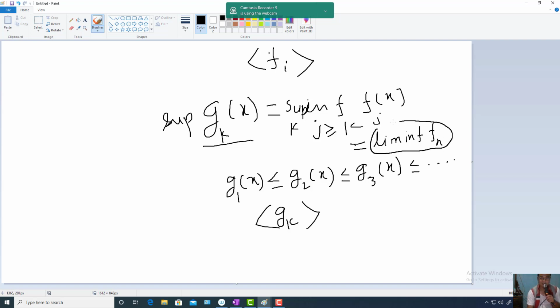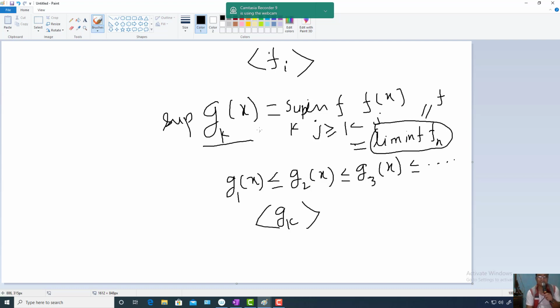This function we put equal to f. So the supremum of gk(x) is equal to the supremum over k of the infimum over j running from k to infinity of fj(x). From the definition this is the limit infimum of fn, but the limit infimum of fn we put as f.